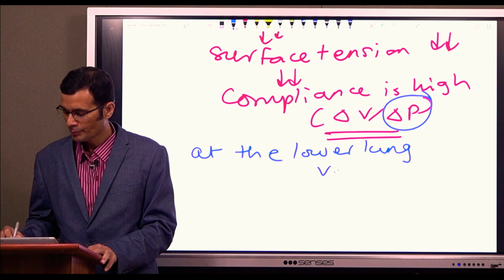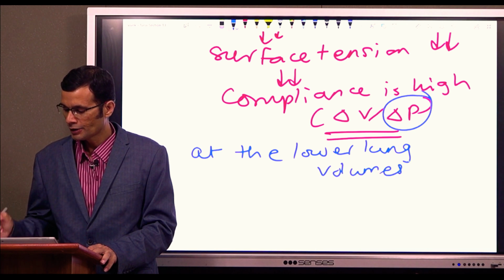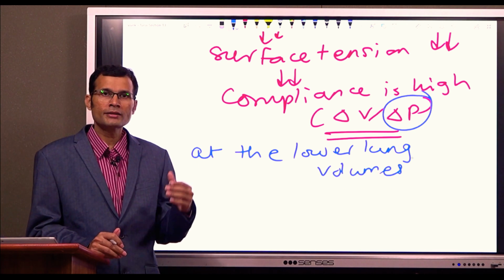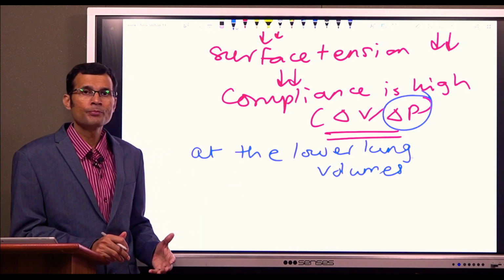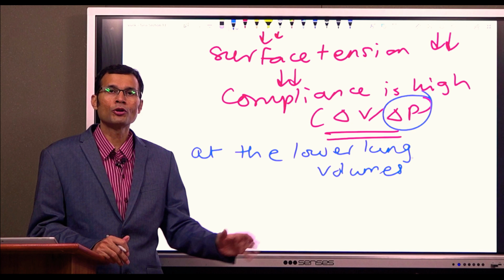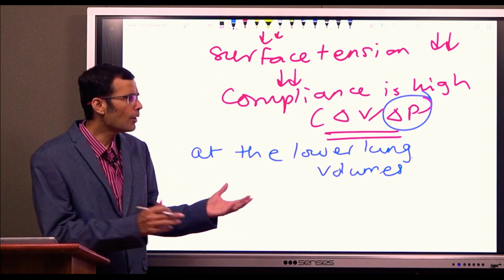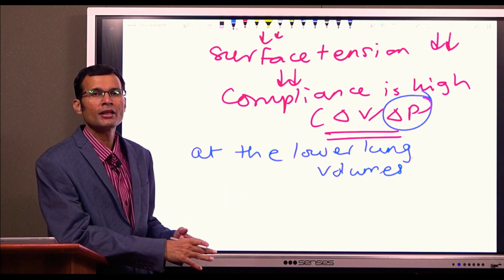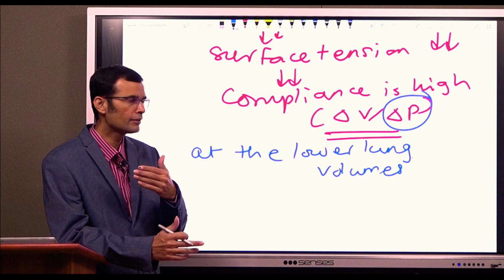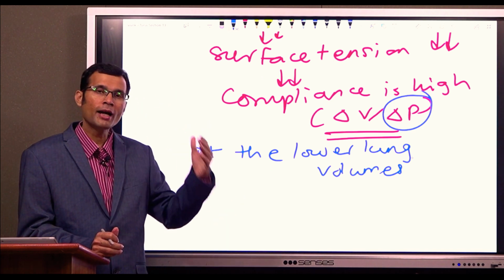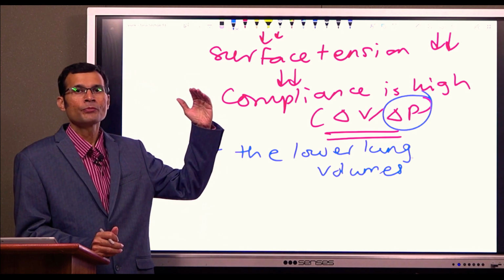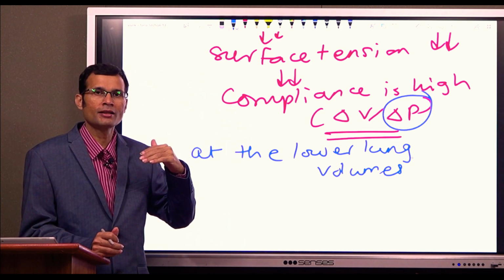Remember this part, that at the start of inspiration, or if we have expired out forcefully, we are near the lower lung volumes. Means less amount of air is remaining in the lungs. We say the lungs are at the lower lung volumes. And when we inspire, either quietly or forcefully, we take air into the lungs.